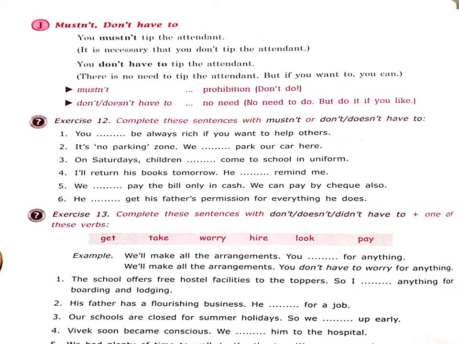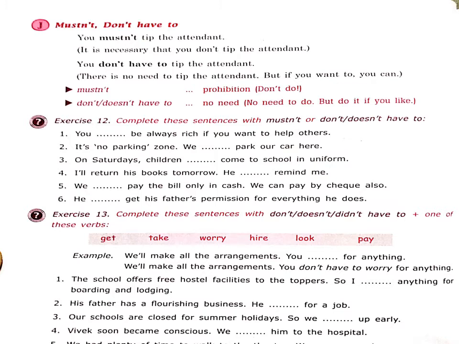Exercise 12. So, children, I am going to do only one sentence for you. Rest of the sentences you'll do yourselves. You'll get the answer key and there you'll match this. First sentence: you dash be always rich if you want to help others.